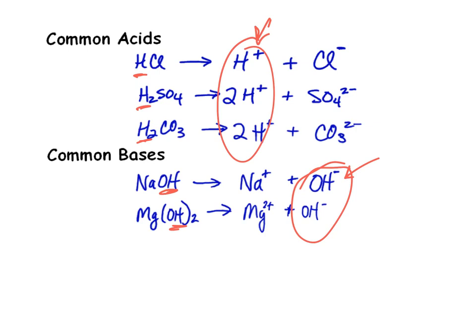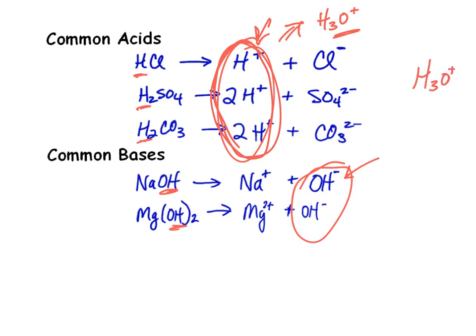Now, when these H pluses dissolve in water, they always hook up with another water molecule, and they turn into H3O plus ions. So the H plus ions don't really float around freely in the solution. They always hook up with water and turn into hydronium ion. It's the concentration of that hydronium ion, or H plus ion, that we use to determine pH.